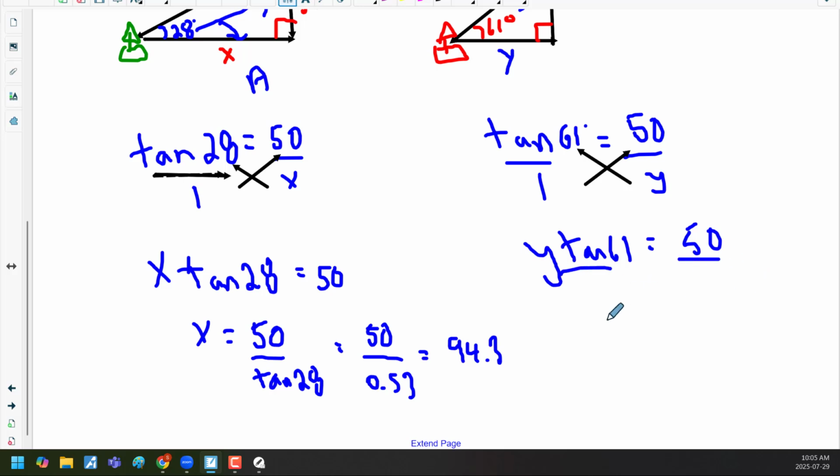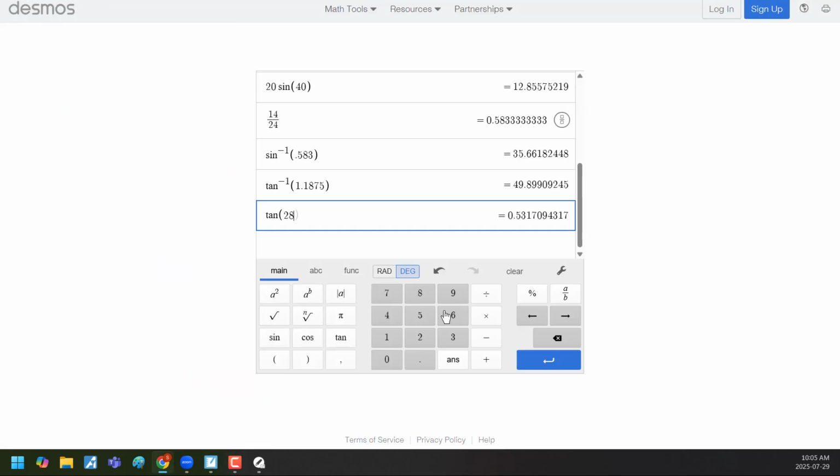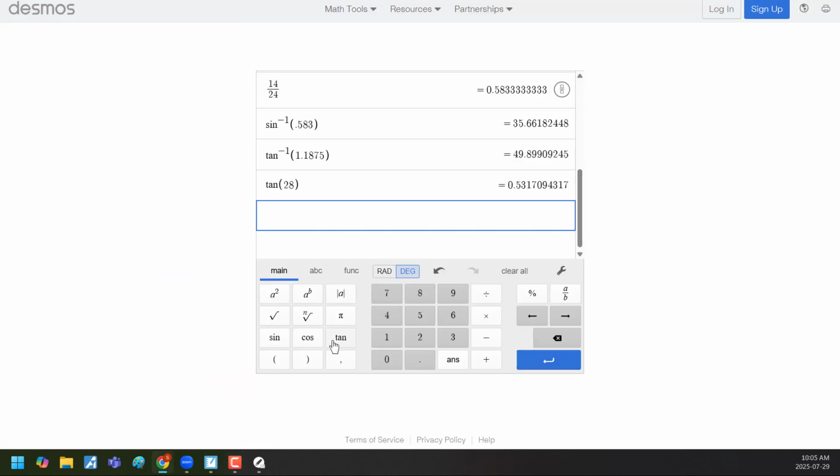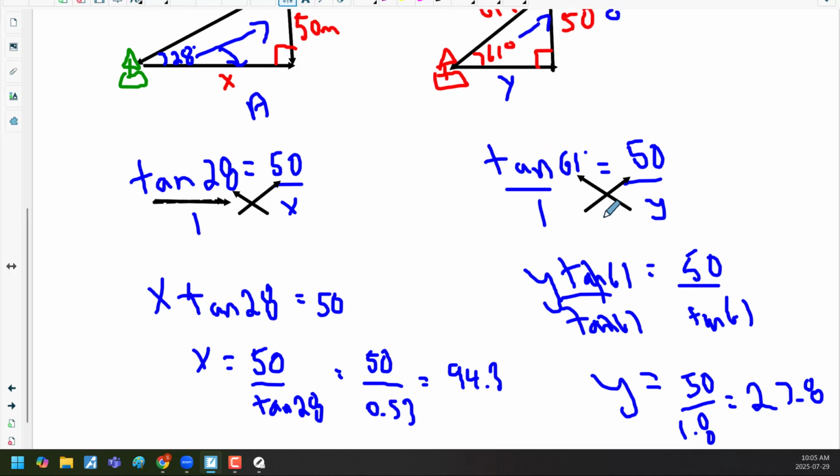Then you divide both sides by tan 61. And tan 61 is just a decimal, so don't think it's anything crazy. Tan of 61 is 1.8. So you're basically just dividing it by 1.8. 50 divided by 1.8, what is it? 27.8 roughly.